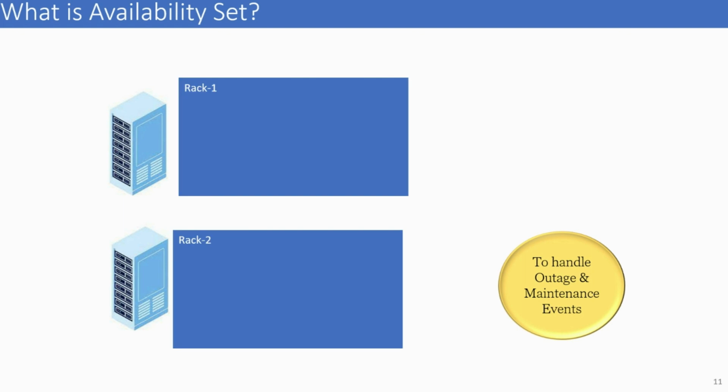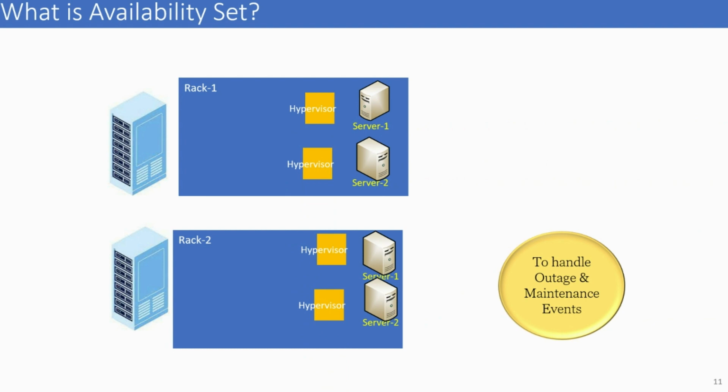A couple of racks shown here can host multiple servers, and these racks will have n number of servers like application server, web server, database server, mail server, documentation server, like that. And every server can have special software called a hypervisor, using which we can create multiple virtual machines. And these virtual machines can be used to host your applications.